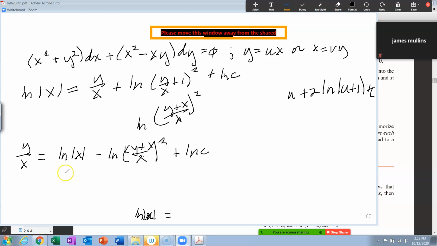Okay, now what that does for us is you can put the c and the x together, because when you add two logs, it's the log of the product.